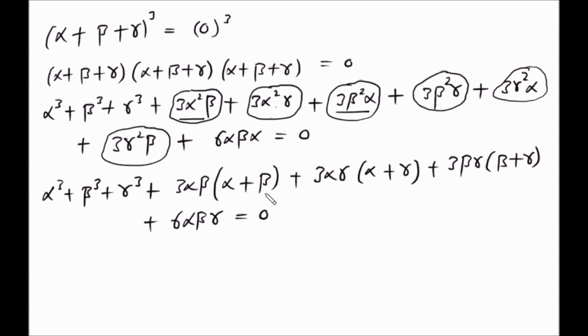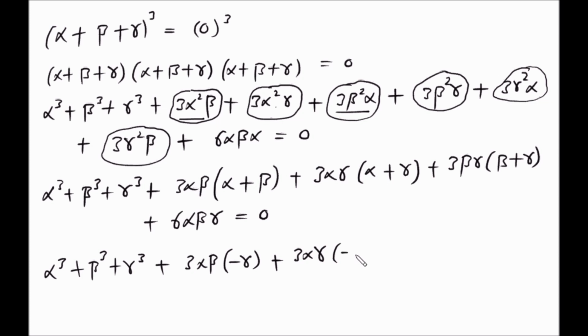Here. So hii itakuwa ni alpha cube plus beta cube plus gamma cube. So jumlisha 3 alpha beta. So alpha plus beta tumesema ni negative gamma, jumlisha 3 alpha gamma. Alpha plus gamma tumesema ni negative beta, jumlisha 3 beta gamma.